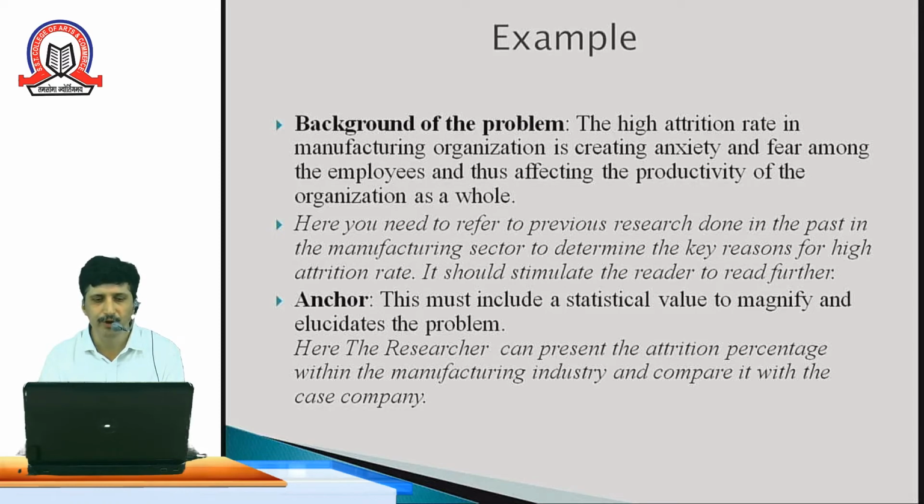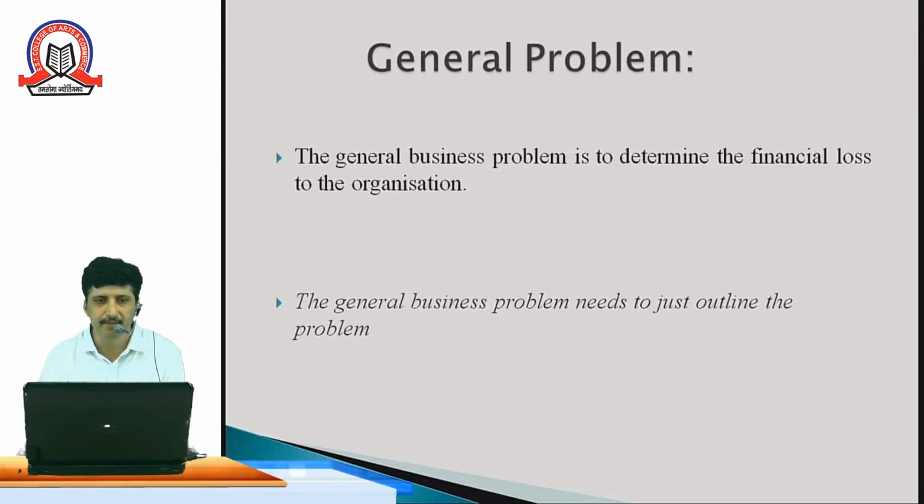Then the second point, this must include a statistical value to magnify and elucidate the problem. There the researcher can present the attrition percentage within the manufacturing industry and compare it with the case company.